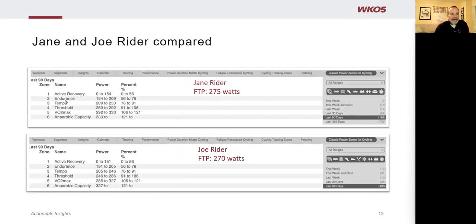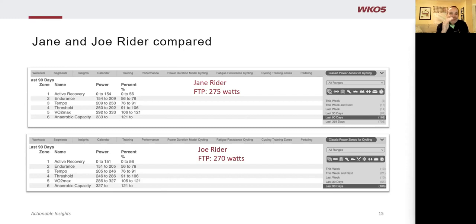Therefore, when we look at their classic training zones, they look pretty familiar. Let's pick VO2 max: 292 watts to 333 watts for Jane. VO2 max for Joe is 286 watts to 327 watts. So there's a 5-watt difference. No surprise, right? You probably guessed that.